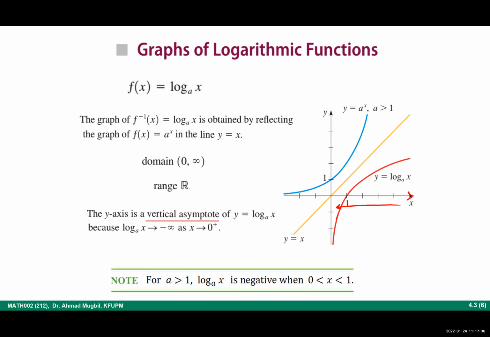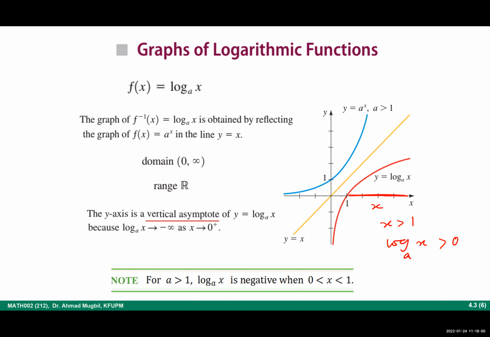Okay, so notice also something here. When x is greater than 1, log a of x is positive, greater than 0. It is increasing always when a is greater than 1.